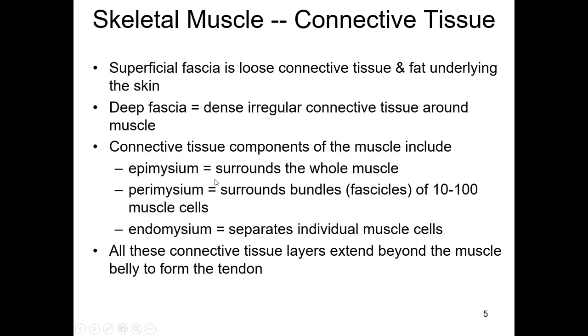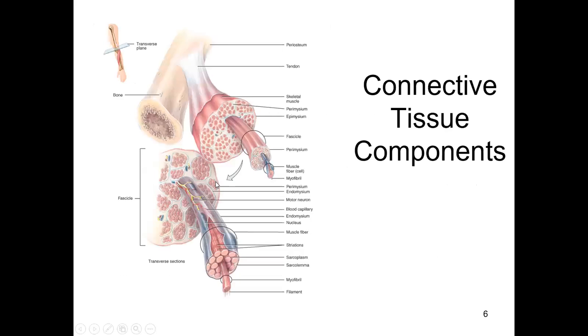So let's see how these show up on the textbook illustration. So here you have a single muscle cell here. See the circled muscle fiber. This thin grayish structure here that wraps the muscle cell is the endomysium.